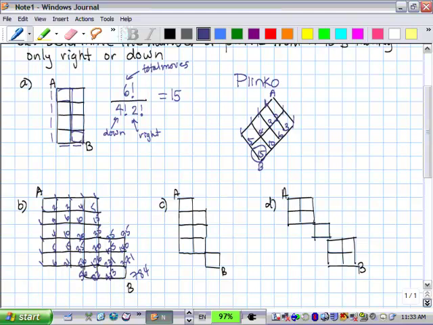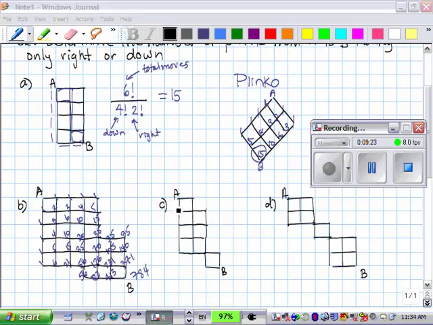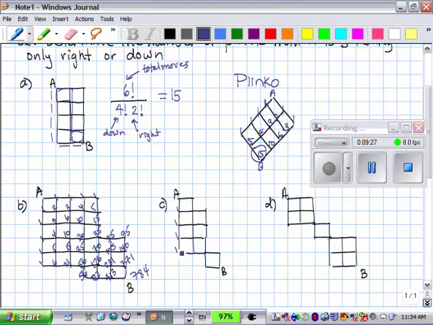That's my guess. Yep. So 28 for the C. 72 for D.